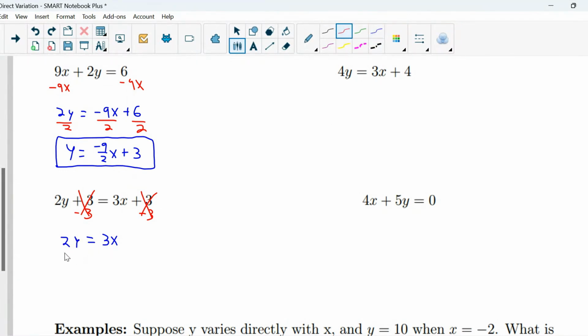So in order to completely isolate y, we must divide by our coefficient of 2. Okay, this will leave us with y equals 3 halves x. And once again, this is a fraction that cannot be simplified.